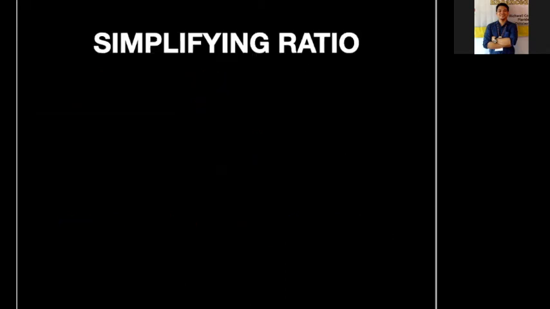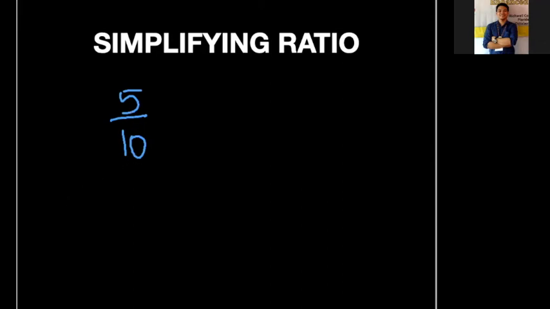So how do we simplify ratio? Simplifying ratio is just like simplifying fractions. Let's try an example that we used a while ago. If we have 5 over 10, to simplify, we need to find the greatest common factor of 5 and 10.